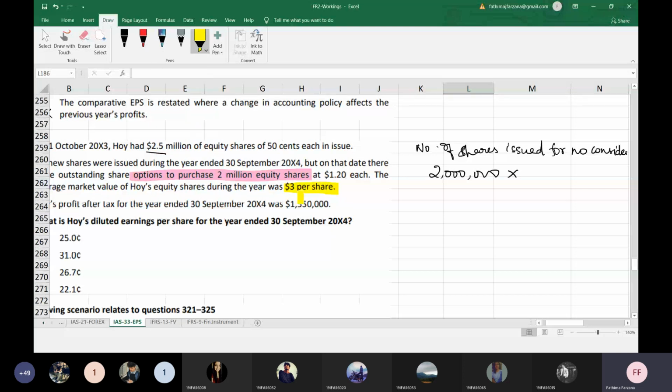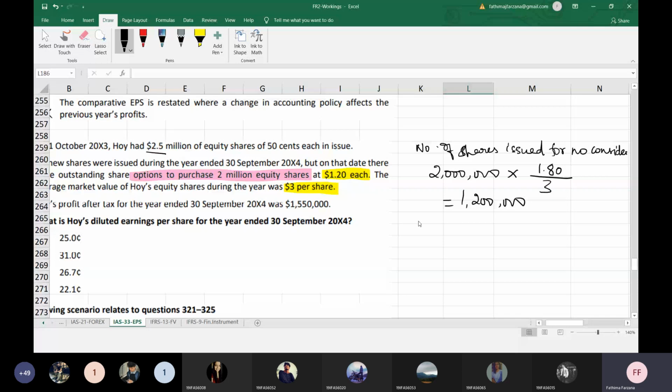How much are you paying as a holder of the option? 1.20. How much is the difference? 1.8. 1.8 divided by 3. How much do you get? 1,200,000 shares. This is your free shares.